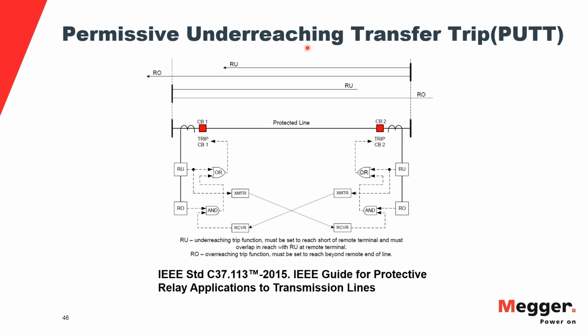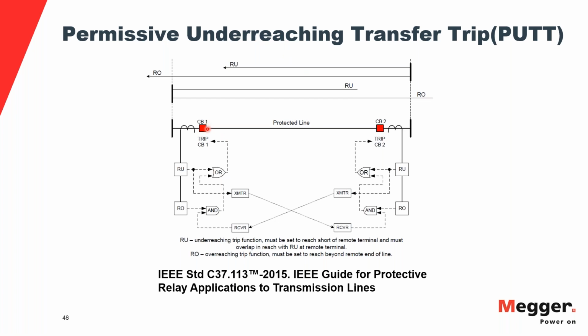It's under-reaching, which means that both relays need to see the fault inside the line, and it's transfer because this guy sees it, and then this guy is going to say, yeah, I saw it, now you're telling me to trip, let's do it. The same thing happens here. Let's say we have a fault over here, which is outside the reach of this guy, but it's within this guy.